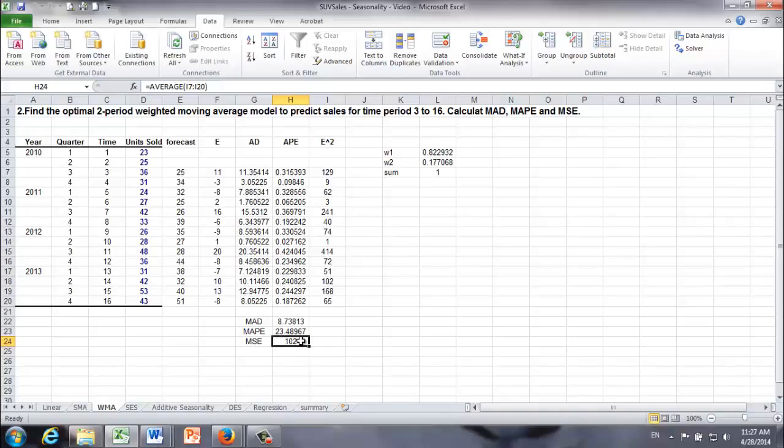Based on that, we can tell already that in this case, this optimal two-period weighted moving average method is better than the simple moving average we introduced earlier. It doesn't matter which number you look at, MAD, MAPE, or MSE, this optimal two-period weighted moving average method always gives you the lower numbers here.